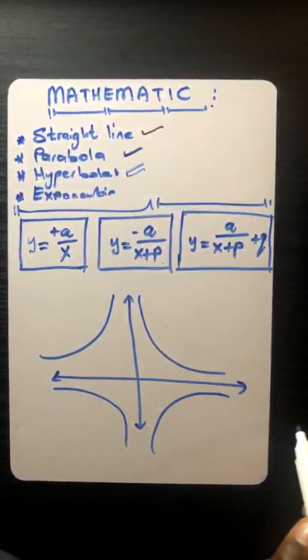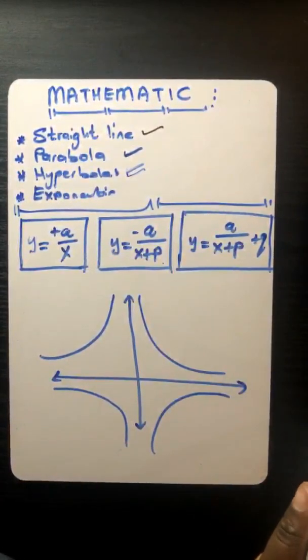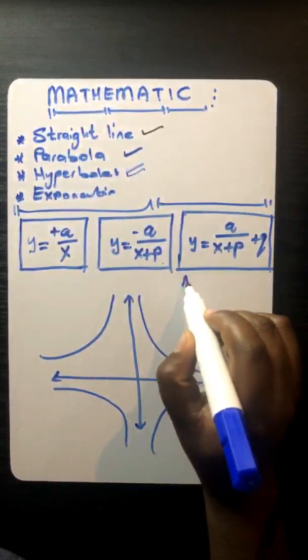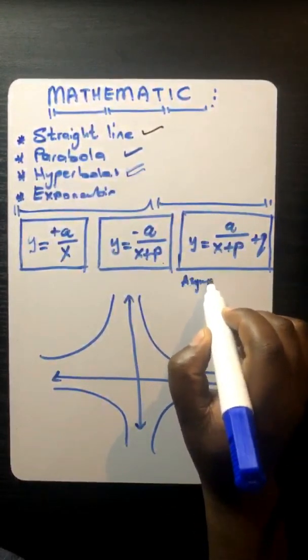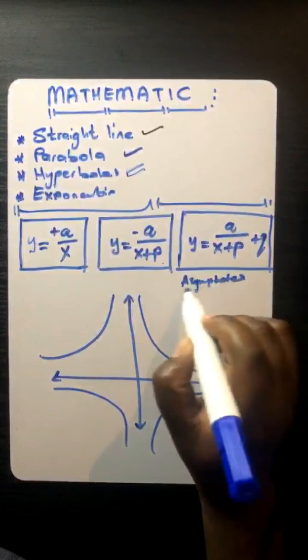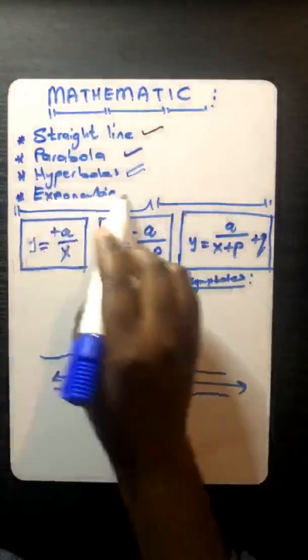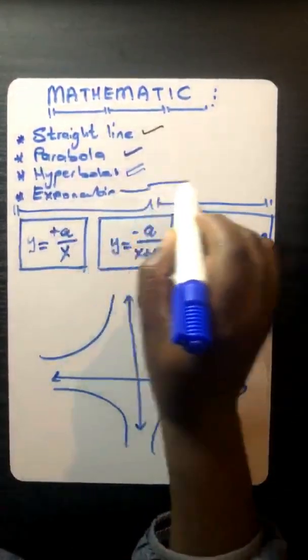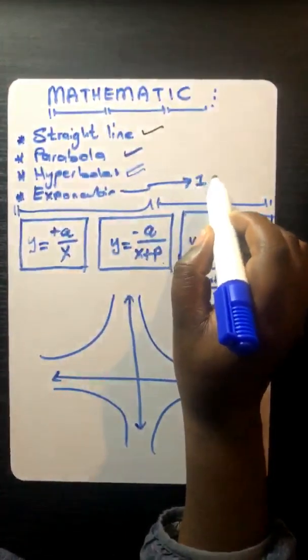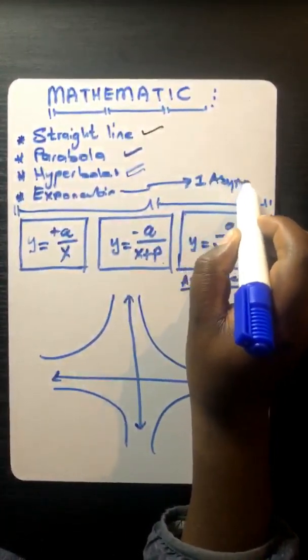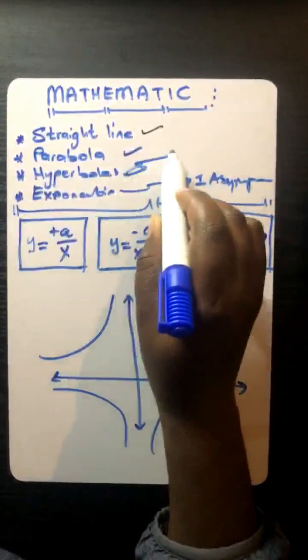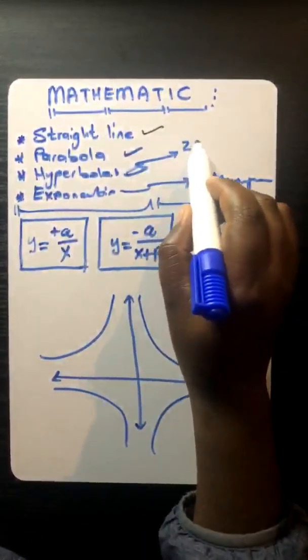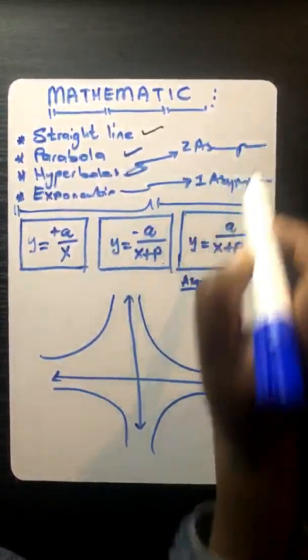But most importantly, remember, we have what we call asymptotes. You remember me saying asymptotes for the exponential? For the exponential, we only have one asymptote. But for a hyperbola, we've got two asymptotes.